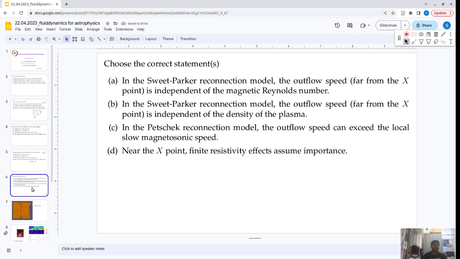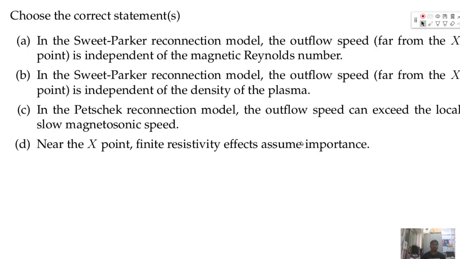Okay, so the next question here is: choose the correct statement. In the Sweet-Parker reconnection model, the outflow speed far from the X point is independent of the magnetic Reynolds number. In the Sweet-Parker reconnection model, the outflow speed is independent of the density of the plasma.